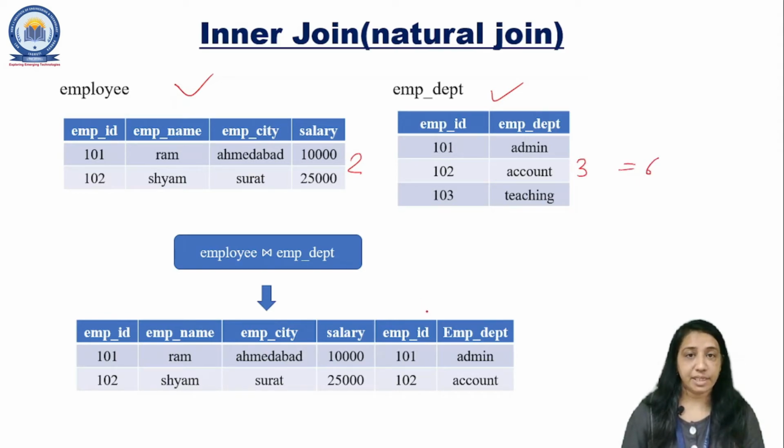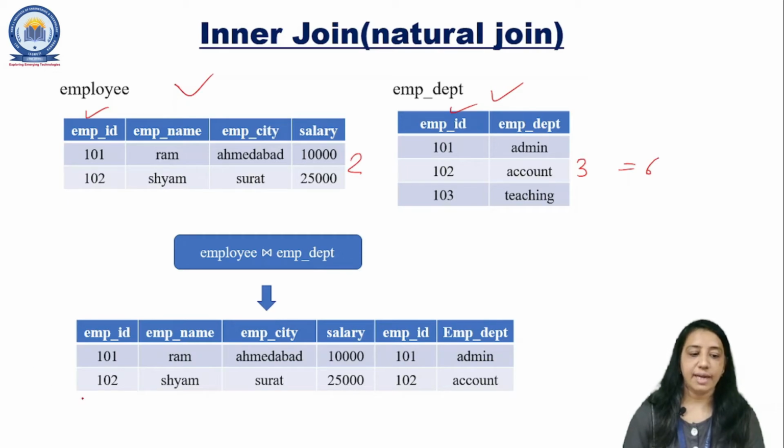But what happened in natural join? It will be given in terms of the common EMP ID and EMP ID. They are going to be combined when the EMP ID of employee equals the EMP ID of employee department. If both are the same, only that row is going to be in the output.